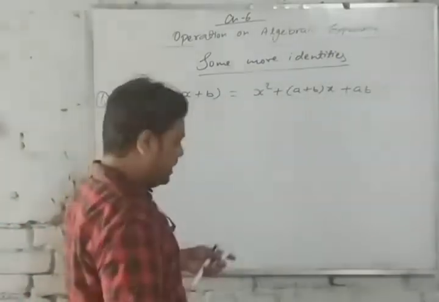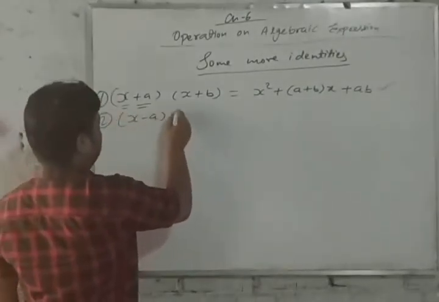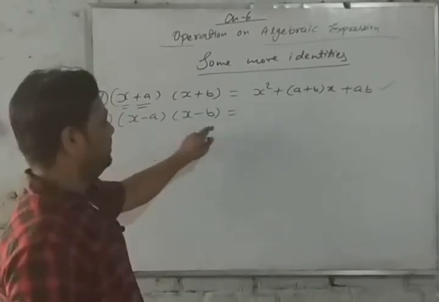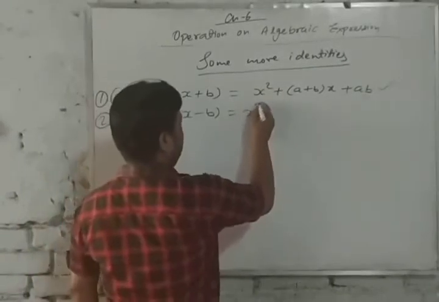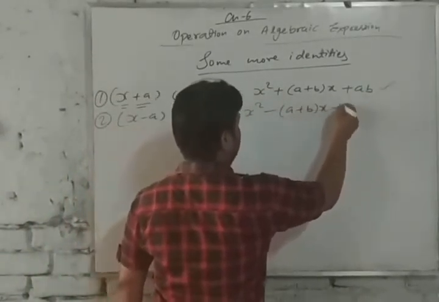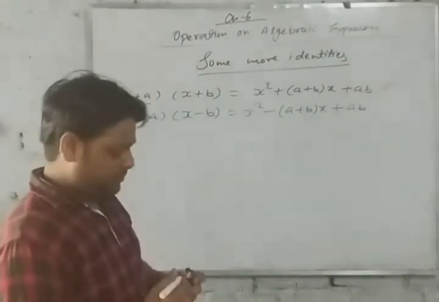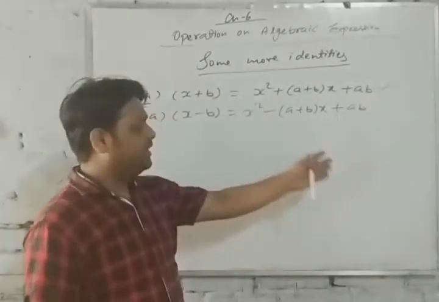Now the next identity is (x minus a) and (x minus b). If both are negative, then what will we write? Here x square minus (a plus b) x plus ab. What is the change? The change is that instead of plus, here we will have minus. Everything else is the same.